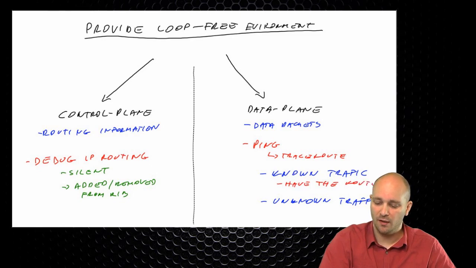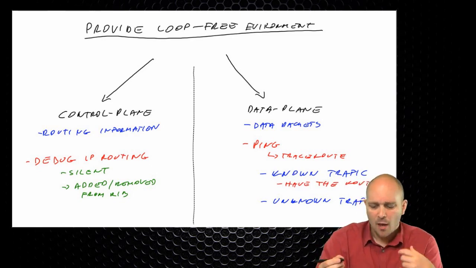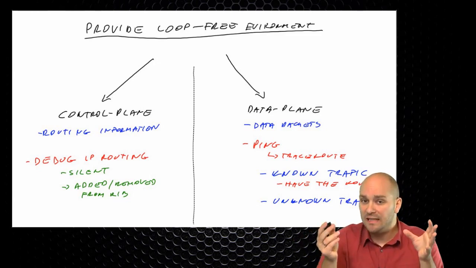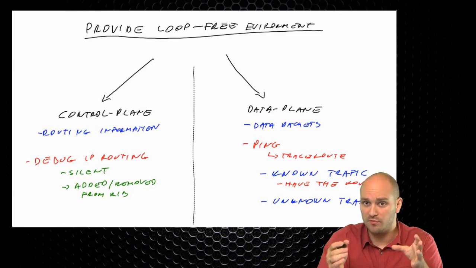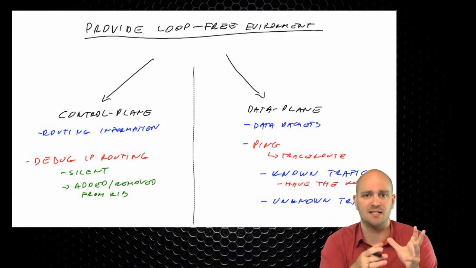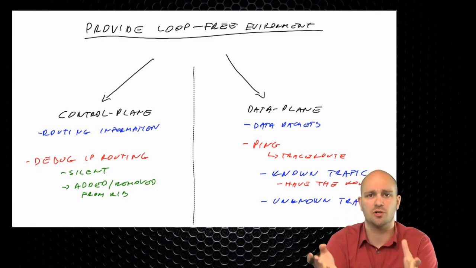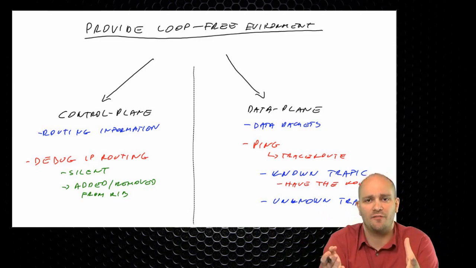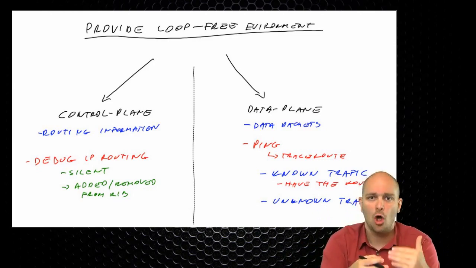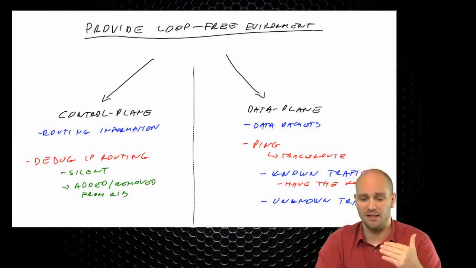So if the traffic for the routes that you actually have in the network is looping, you have a problem. But what about the traffic for which you don't have routes? Remember, the default route can cause problems for that traffic. So let's say that your entire network is using 192.168.0.0/16. What happens with the traffic sent to 10.0.0.0? Is it going to be dropped somewhere, which is the correct behavior if you don't have the routes? Or is it going to be following the default route that might be looped itself?